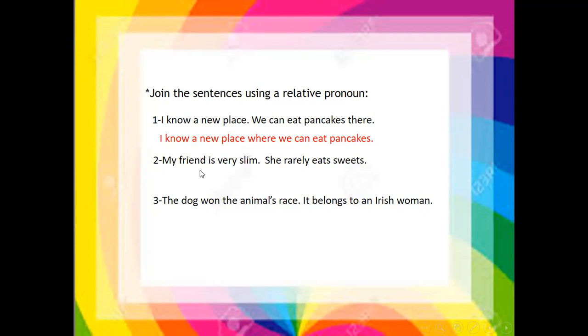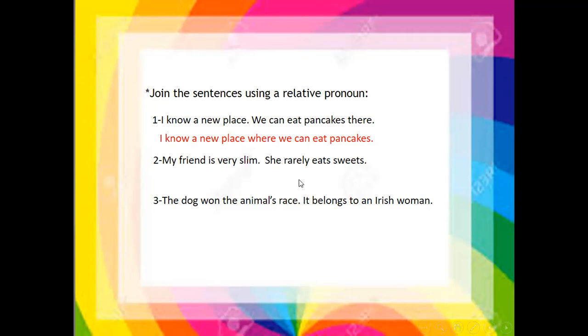So which relative pronoun do we have to use? Who. My friend, who. What do we do? We move to the second sentence. She is the second common noun. So what do we have to do with it?